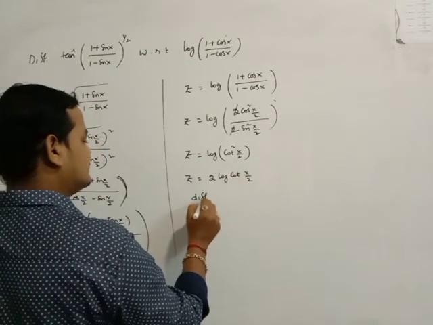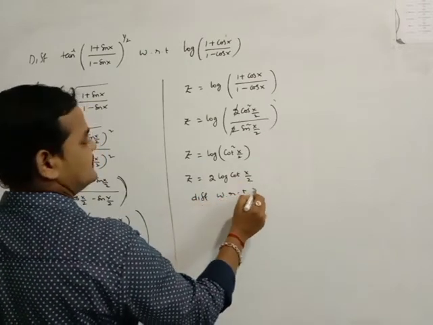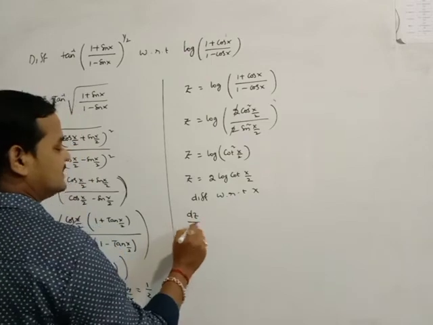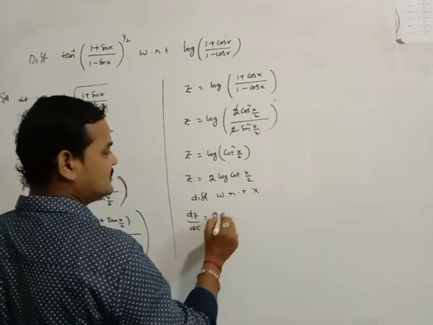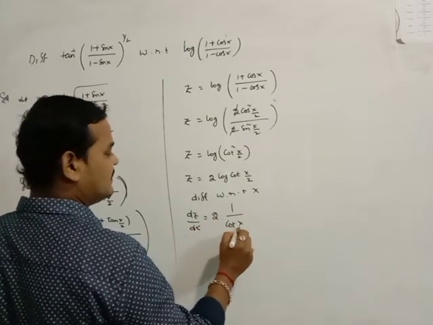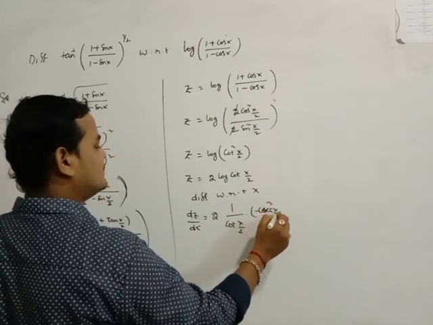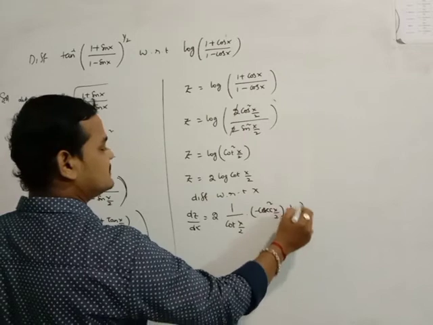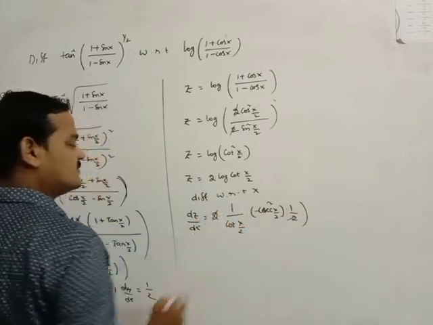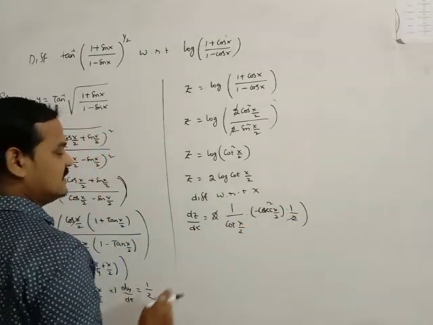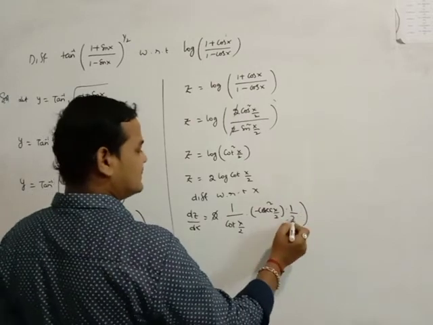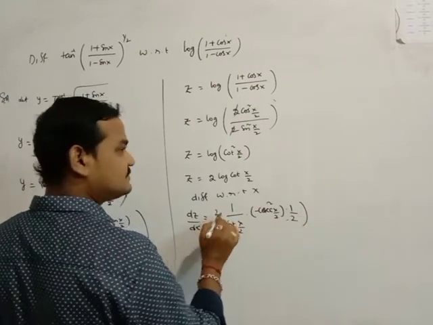Now differentiate with respect to x. Then dz by dx is equal to, first of all, 2 into log means 1 by cot x by 2, into derivative of cot, which is minus cosec square x by 2, into derivative of x by 2, which is 1 by 2. These 2 and 2 cancel. Otherwise, don't cancel it; I can convert it into the formula.